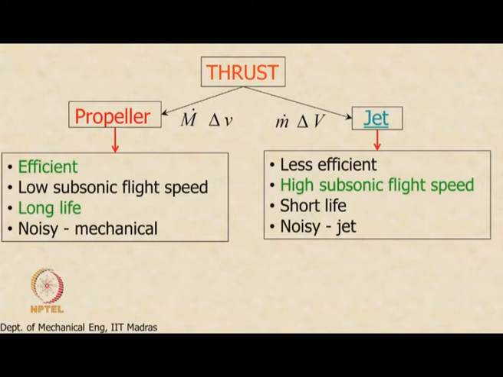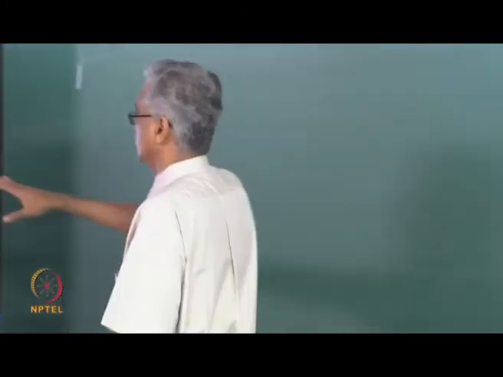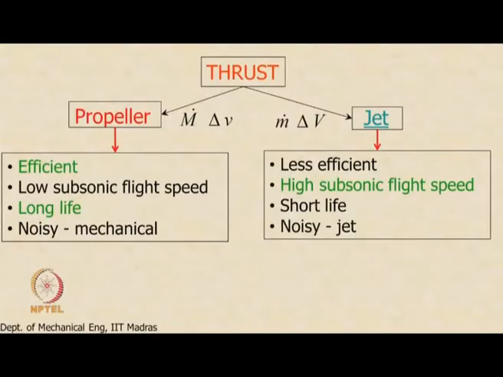Now, the lower efficiency gave the impetus to develop more efficient engines, but with still these types of flight speeds. If you remember, the low subsonic flight speed was what caused the industry to move to a different form of propulsion so that we could overcome that obstacle. In this case, the obstacle is the lesser efficiency.